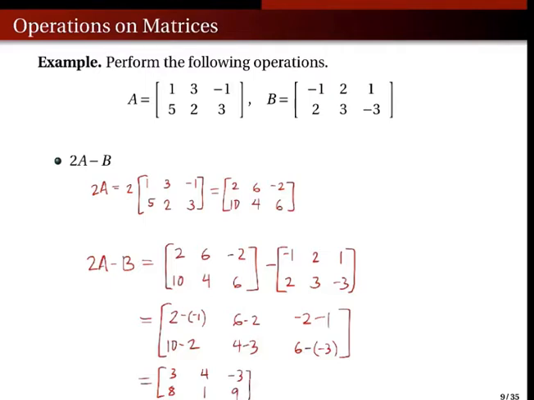So this is the matrix 2a minus b. So entry-wise subtraction, and then here you have scalar multiplication. So you multiply scalar 2 to each and every entry in the matrix.